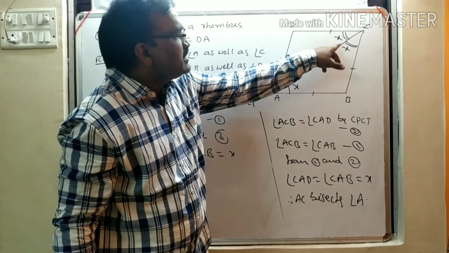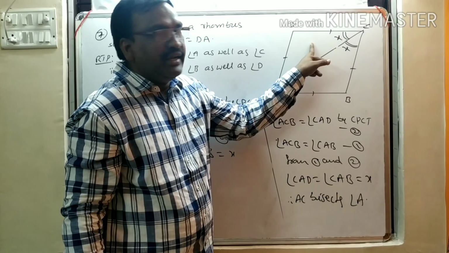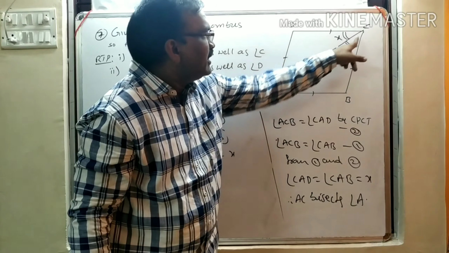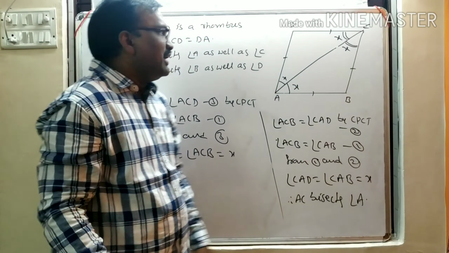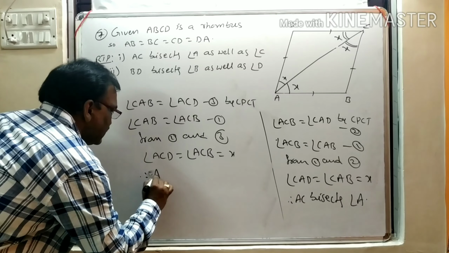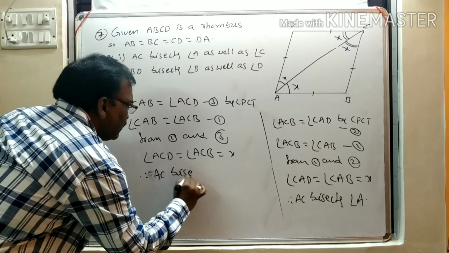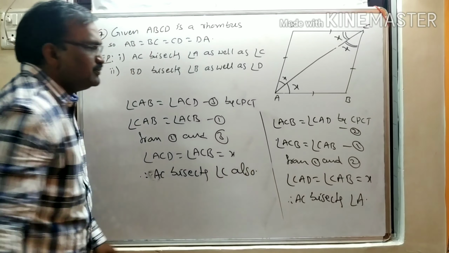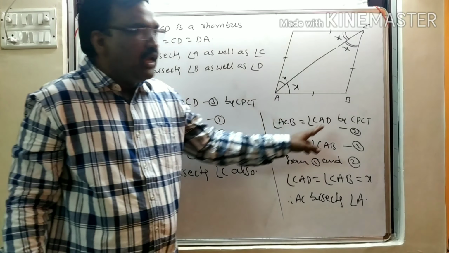So these two angles are equal. Therefore AC bisects angle C also.